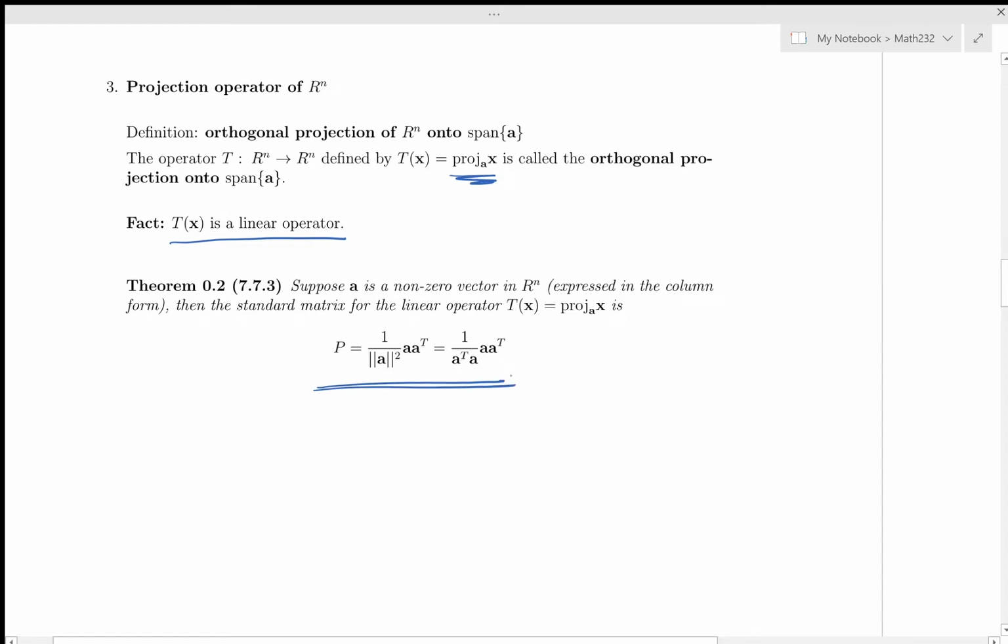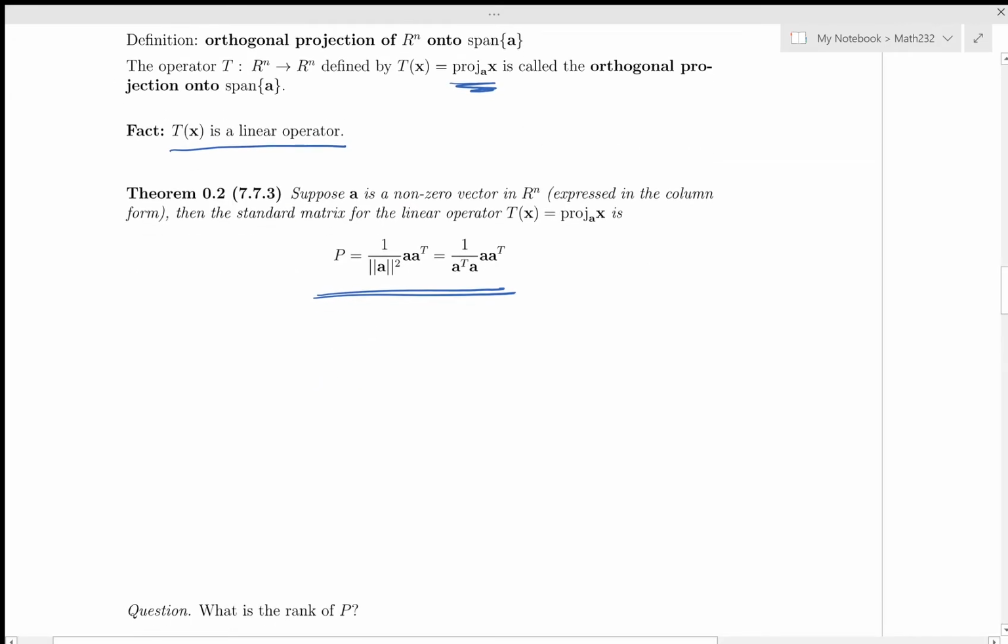So this is the matrix, and you can write it in one of two ways, since A transpose A is the norm of A squared. Okay, so let's just take our previous example and find the matrix.